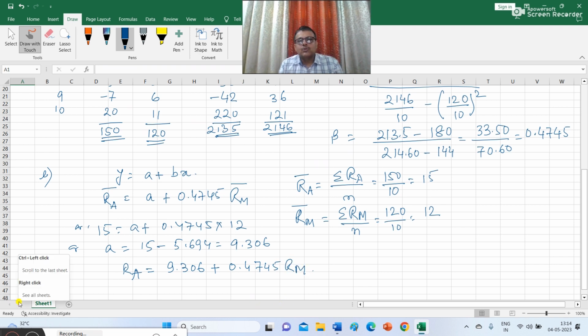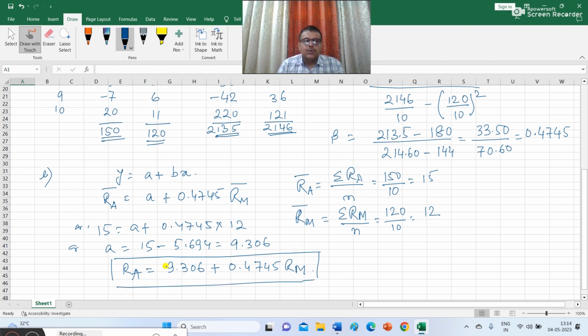If you want to predict the expected return of security A given the market rate of return, you can find it from this characteristic line, that is RA is equal to 9.306 plus 0.4745 RM. So this is the characteristic line of security A.